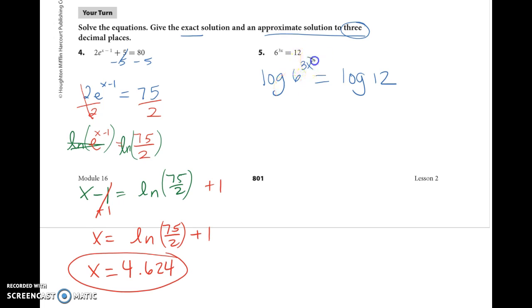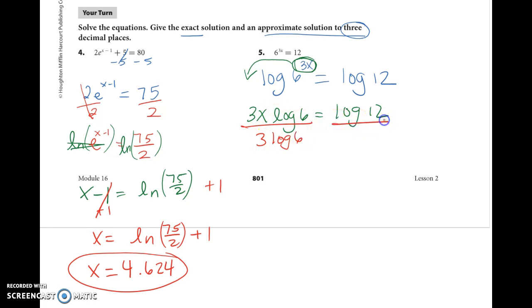And now using my properties, I'm going to make this exponent the coefficient here. So I have 3x times log of 6 equals log of 12. And then to isolate the x, I need to divide by 3 and log of 6. So divide by 3 log of 6, the 3 and the 3 reduce, the log 6 and the log 6 reduce, and I get x equals log 12 over 3 log 6.